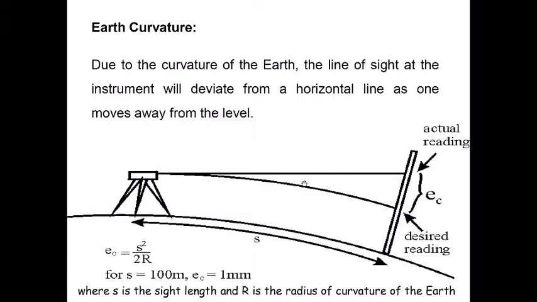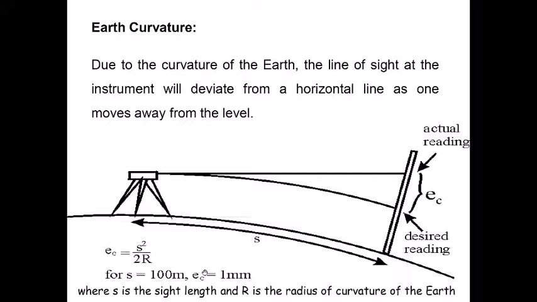So while you should be reading this value, what you actually get is a bigger value due to effect of curvature of the earth. So this error is equal to s square over 2r, where s is the distance between your instrument and the leveling rod, and r is the radius of curvature of earth.